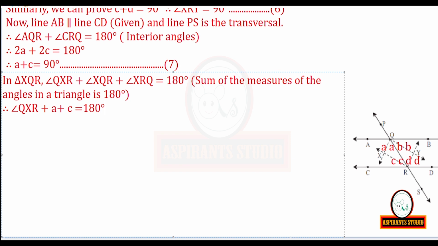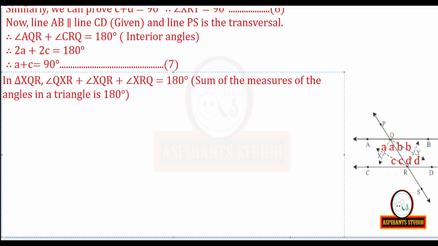Now look at equation number 7. You have A plus C is equal to 90 degrees. So pick up that 90 degrees and put in the place of A plus C now. From equation number 7 we get A plus C is 90 degrees. So you can substitute here instead of A plus C, 90 degrees.